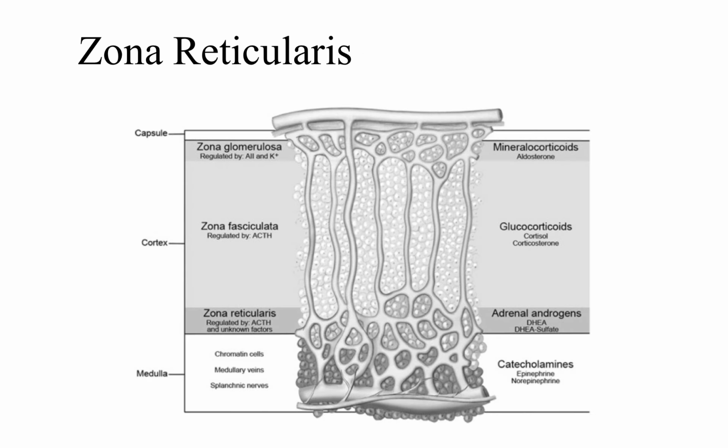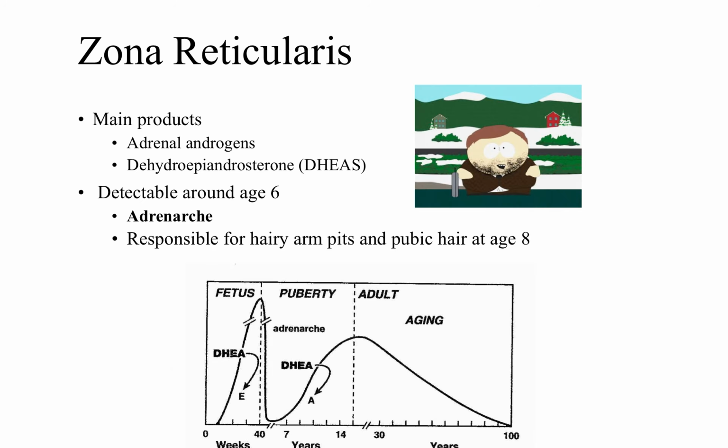All right, final thing to just talk about, even though it's not part of the HPA axis, but it's important to mention, it's from the zona reticularis, and it is DHEAS. So this is the main androgen product. So in females, this is the majority of the androgen, and in males, it is definitely taking a second fiddle role to testosterone.